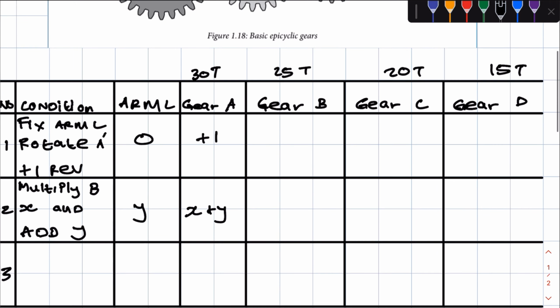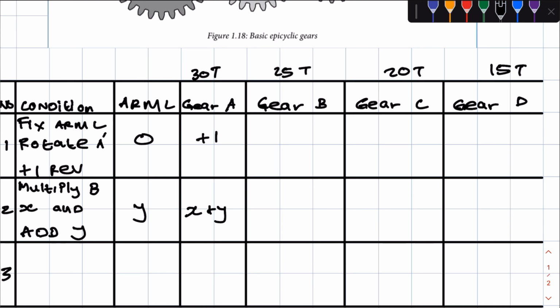Now, we need to get the ratios of each gear. We already have the gear ratio for the analyst gear. Condition A tells us that the annulus, which is in this case gear A, is being rotated by 1 revolution in the clockwise direction.